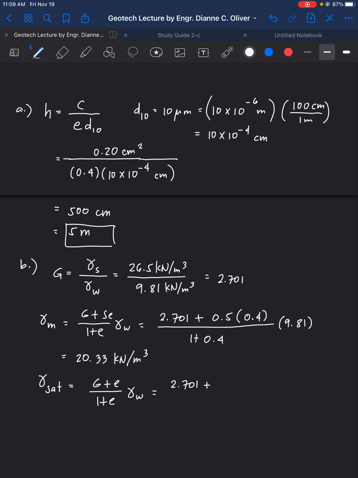In your calculator, you just have to remove 0.5, then leave there 0.4, over 1.4, times 9.81. So gamma sat is now equal to 21.73 kilonewton per cubic meter. Now finally, we have our gamma moist and gamma sat.